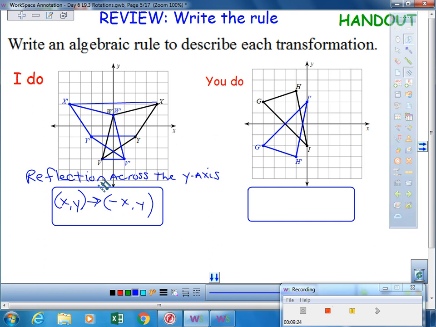Yes, parallel to each other. Are they perpendicular to the line of reflection? Yes. Perpendicular to the line of reflection. Okay? I want you to do that one. So that should be the next one on your sheet.